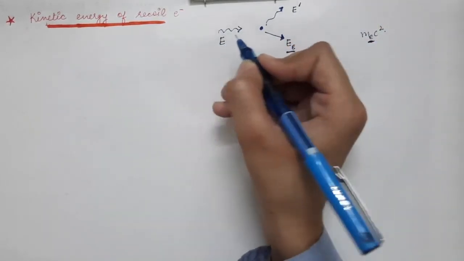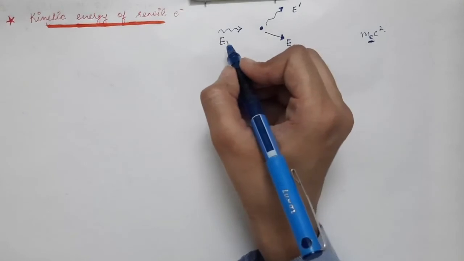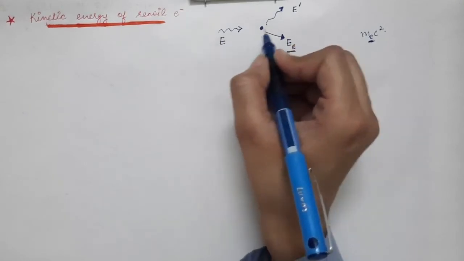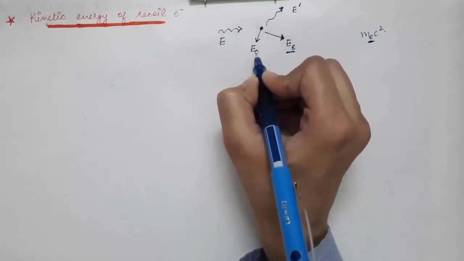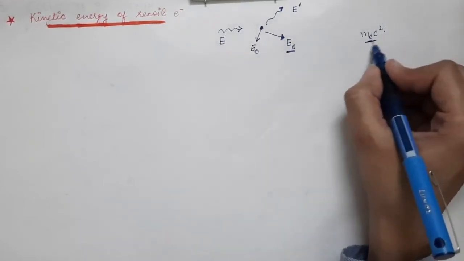The initial energy of the photon, that is the incident photon, is represented by E, and the initial energy of the electron is represented by E_0, and that is nothing but the rest mass energy.